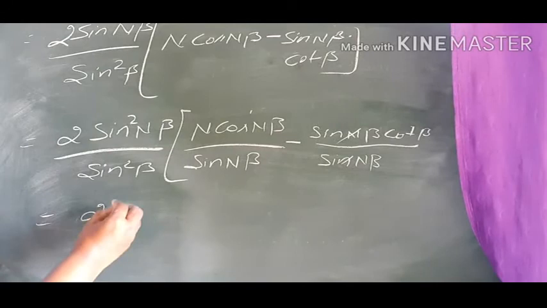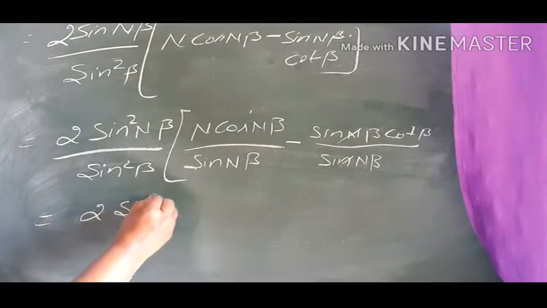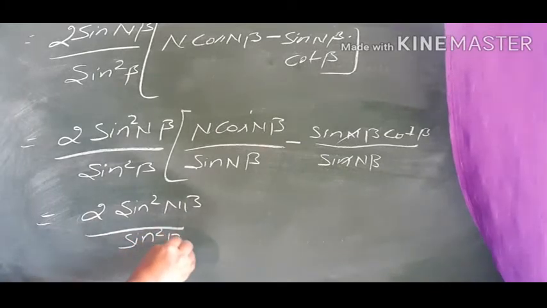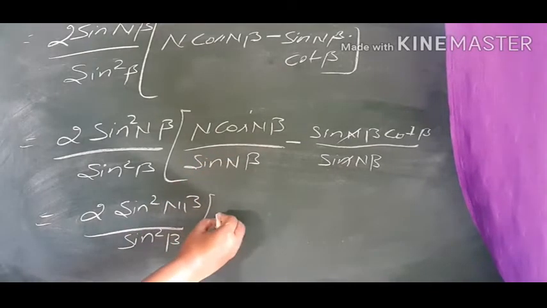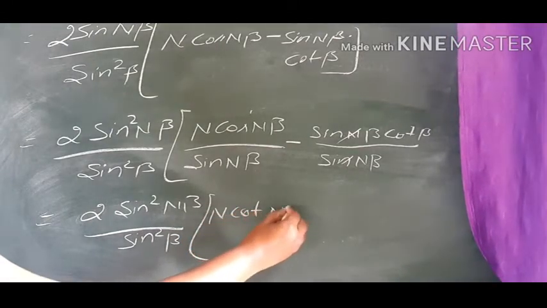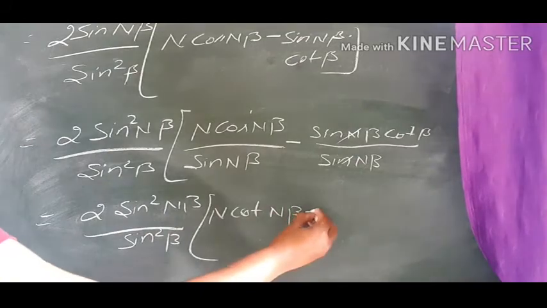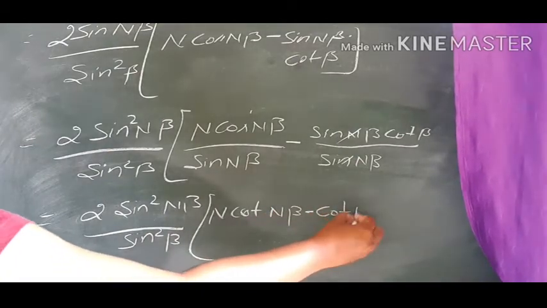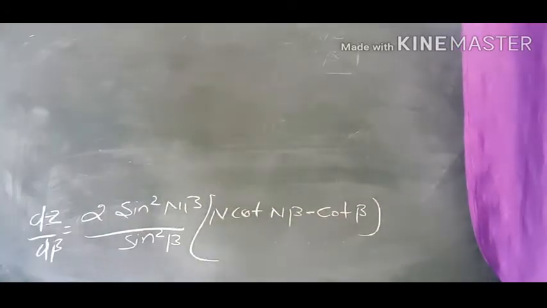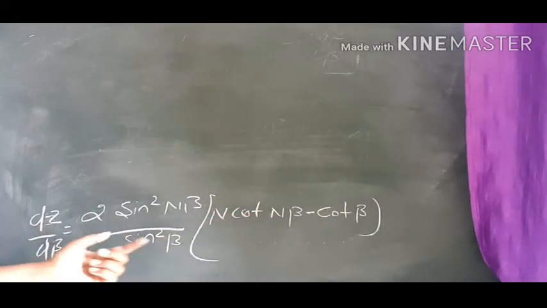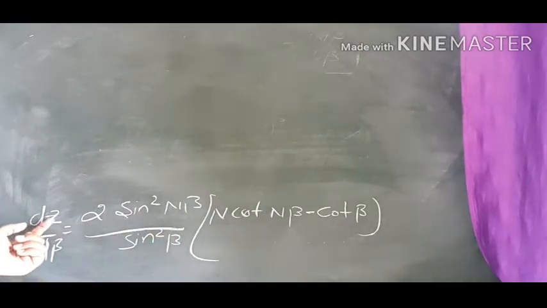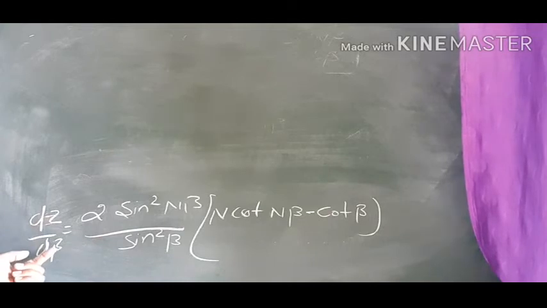So finally we have 2 sine square n beta by sine square beta, this is n cot n beta minus cot beta. This equation represents the differentiation of z with respect to beta.